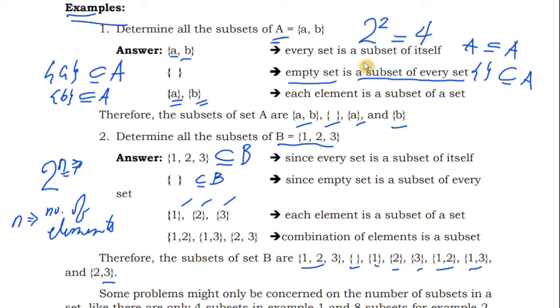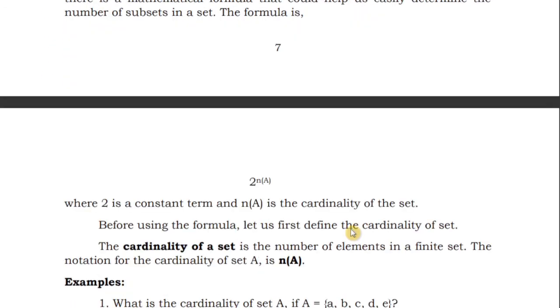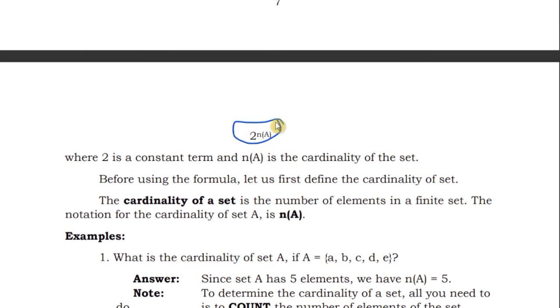So there are 4 subsets in the given set A. For set B, we have 3 elements, so 2 to the 3 is 2 times 2 times 2, which is 8: 2 times 2 is 4, times 2 is 8. As I said, this is the formula.